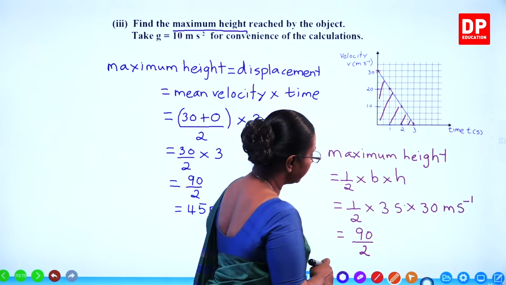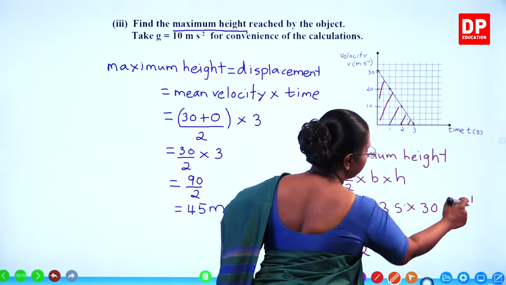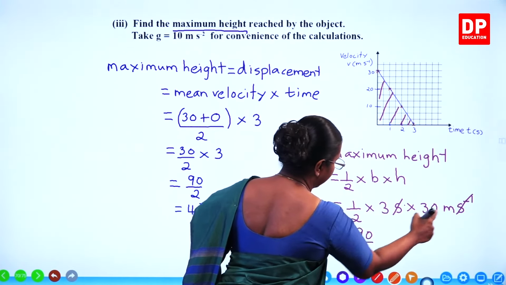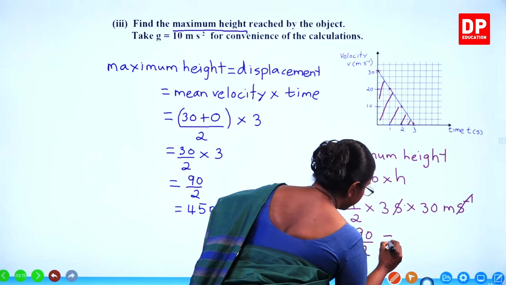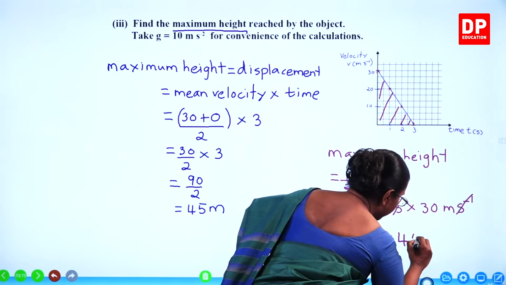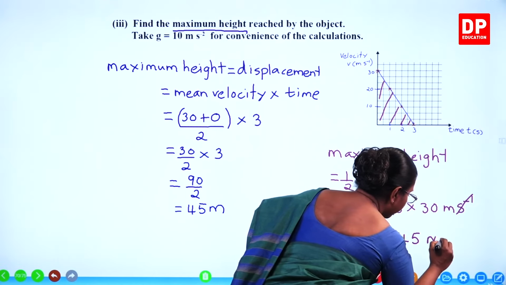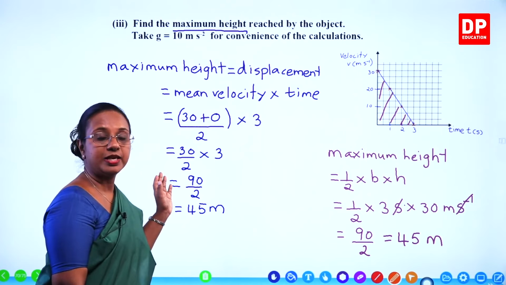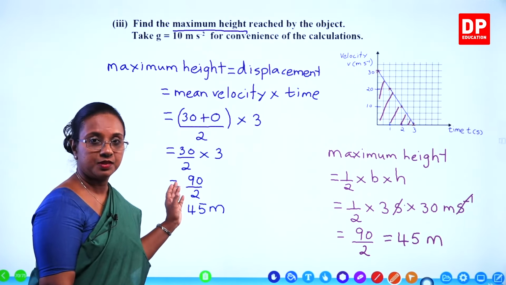As you can see here, the second and per second will get cancelled off, and so when we divide 90 by 2, we get the value as 45 meters. The same value as we calculated here.